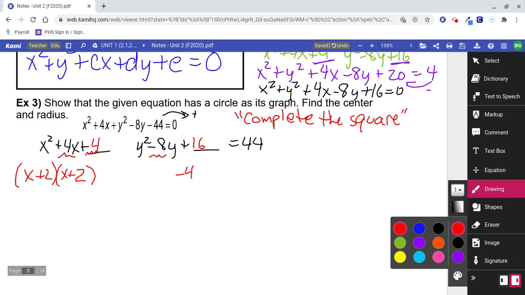But that's a square, so I'm not going to write it twice. I'm going to write it once, squared. Likewise over here, 2 numbers that multiply to 16 and add up to -8. You could say -4 and -4. That's a square. So I've got y minus 4 squared.